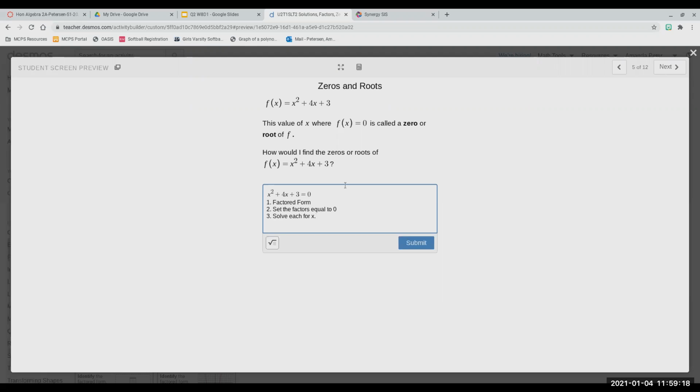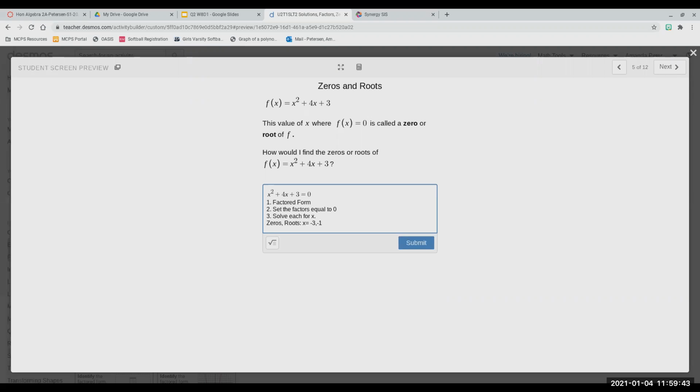Again, easy to remember because the zero happens when we set the function equal to 0, and then root is just going to follow the same thing as zero. So we would say that the zeros and the roots for this are going to be -3 and -1.